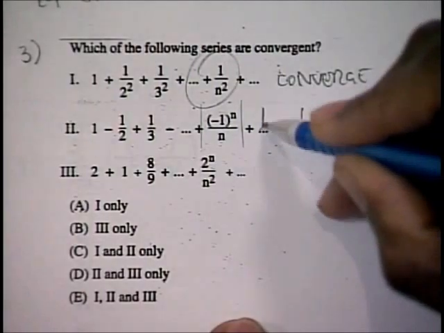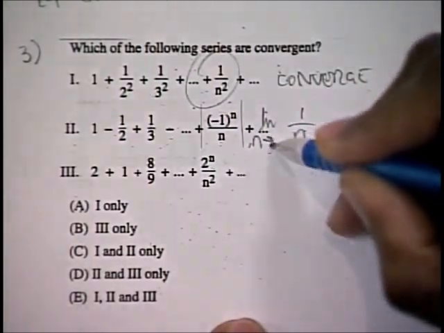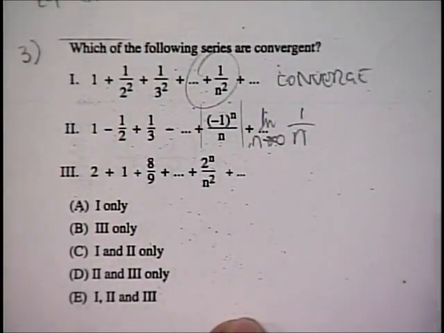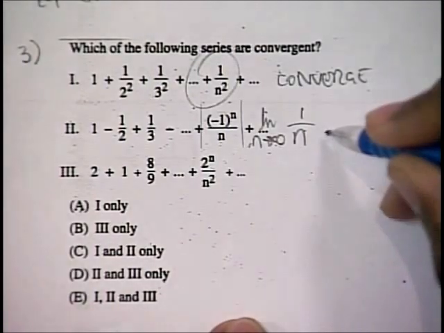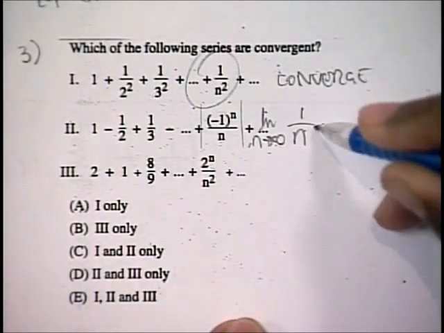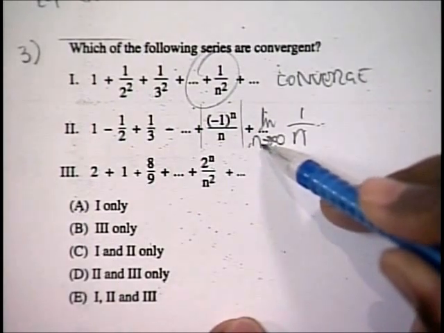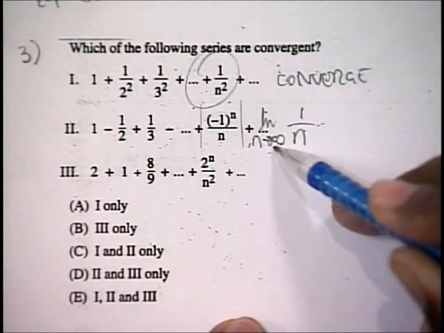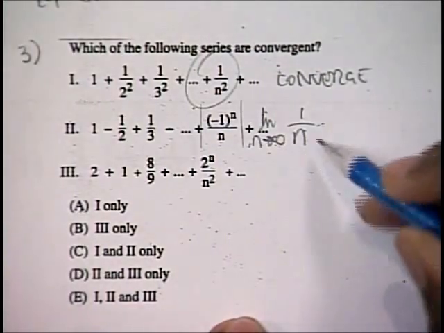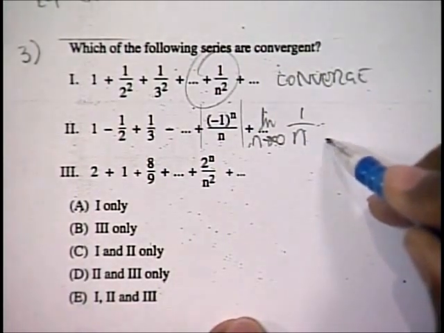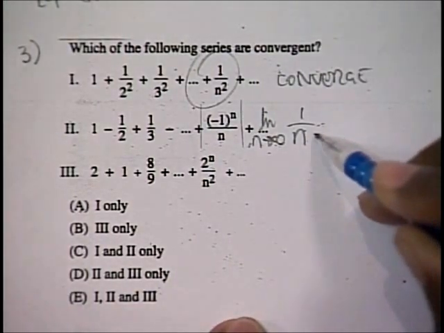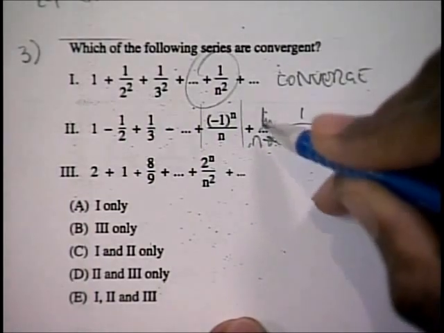You also have to ask, if you continue to increase n more and more, is each term decreasing after that? The answer to that is yes. So if both those conditions are met, you're working with a converging series. So those two are converging.